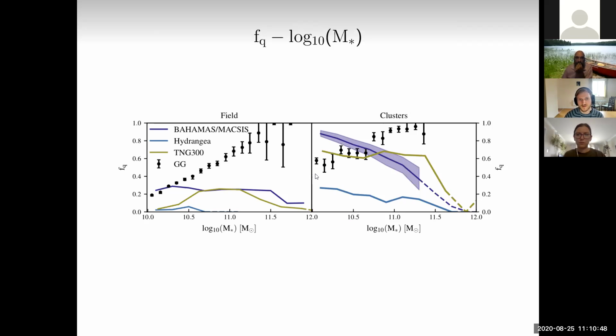But this regime is very well sampled, especially in Bahamas and Maxes, yet nearly all of the small galaxies in clusters, or low mass galaxies, are quenched in the case of Bahamas, and the quench fraction seems to decrease with stellar mass, which is really odd and clearly not correct.